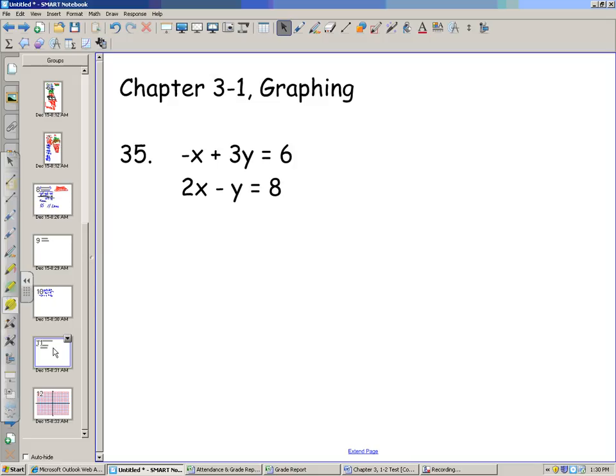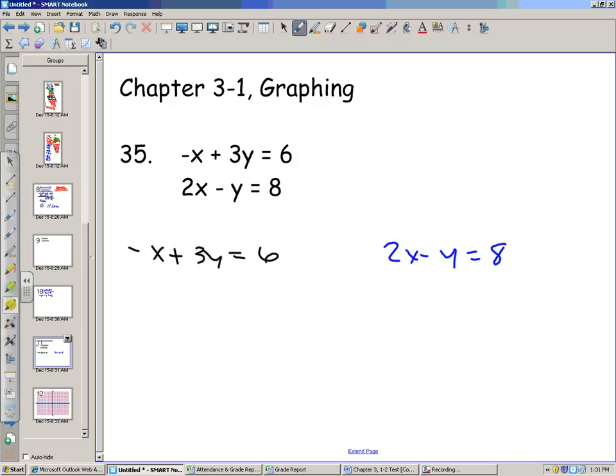So what do I do? You have to do it graphically. So what does that mean? You have to find the slope and find the b-value. So you're going to take and separate each one of these. Yes? So if you solve each one of these for y, what are you going to get out of it?